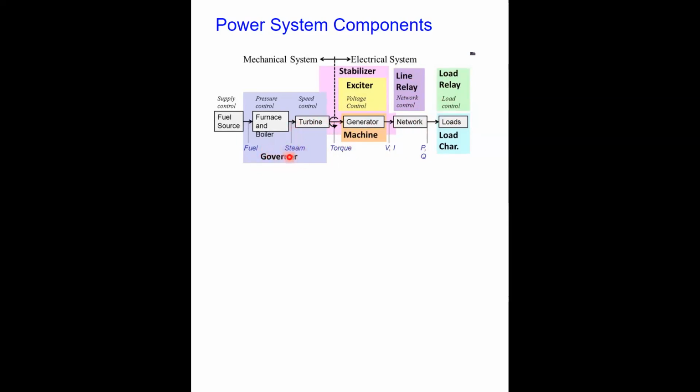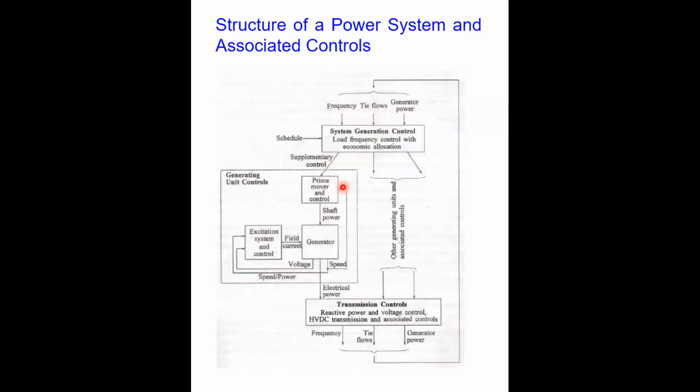This governor will regulate the amount of steam inlet to the turbine here. So we have several stages of control actions in the system. You have speed control, you have pressure control. So this is the overview of some basic components that we apply in the power system.